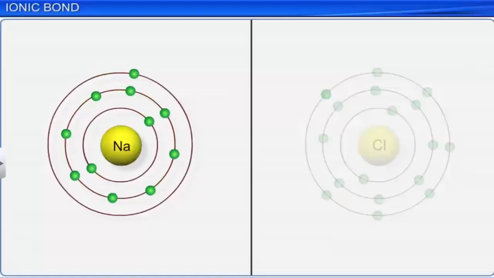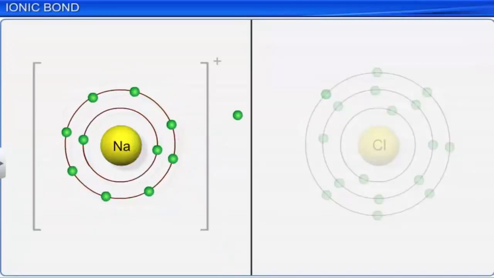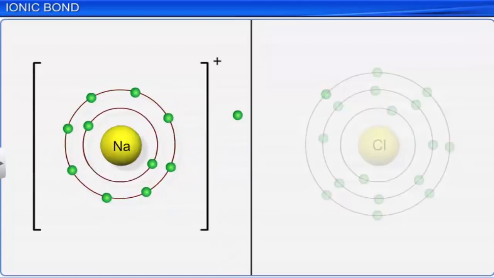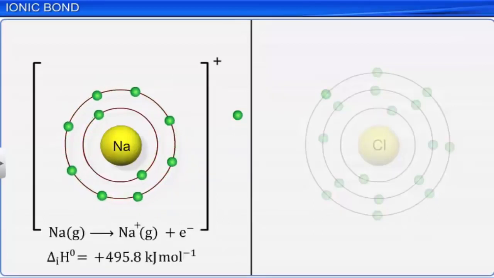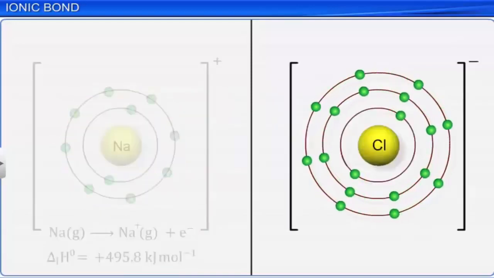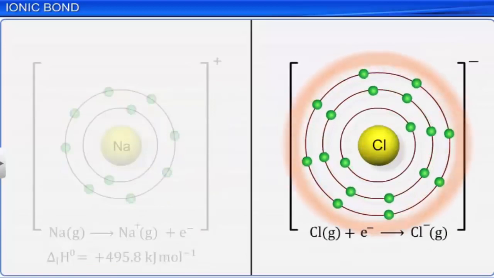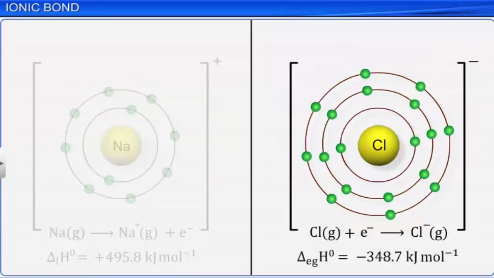For example, in the gaseous state, the ionization enthalpy for the formation of Na+ from sodium is +495.8 kJ per mole, while the electron gain enthalpy for the formation of a chloride ion is −348.7 kJ per mole.